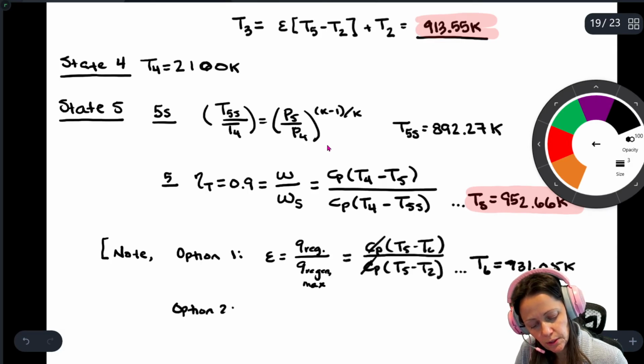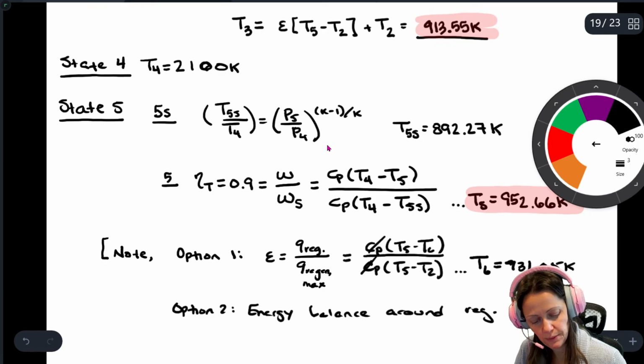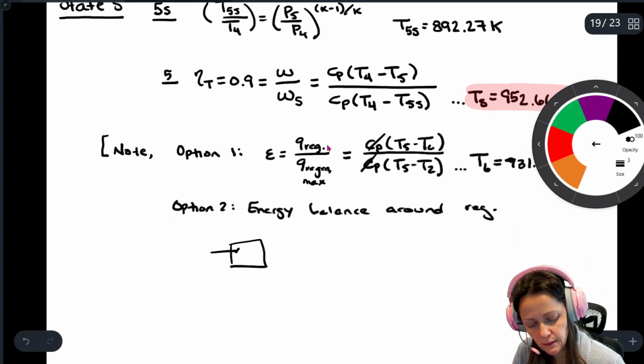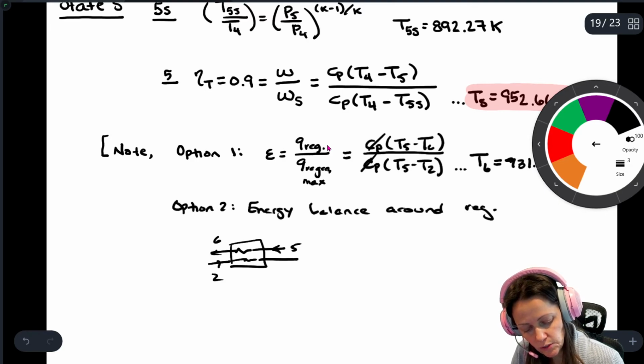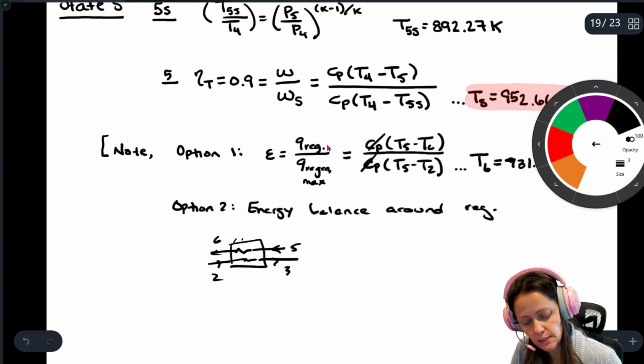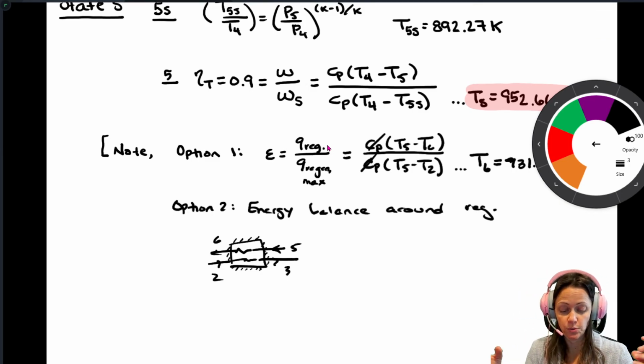Option 2 is you could do an energy balance around the regenerator. So this is 5, 6, that's 2, that's 3. This entire regenerator is a heat exchanger, and the whole thing's going to be insulated so that you only have heat transfer between those streams.